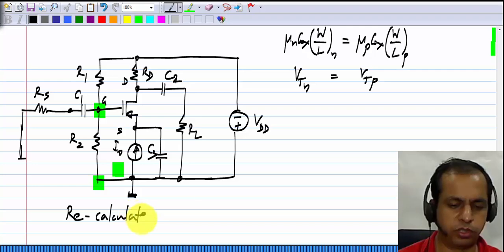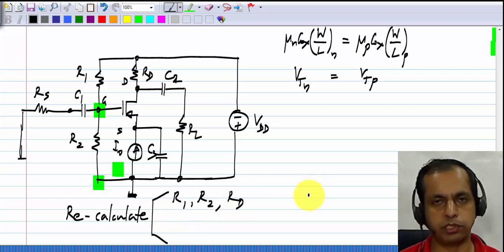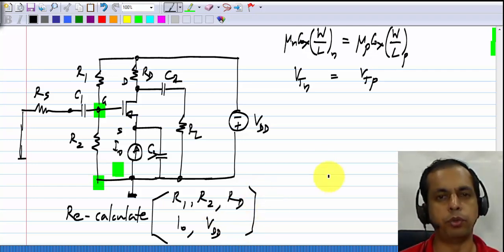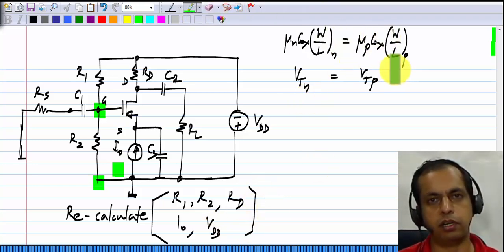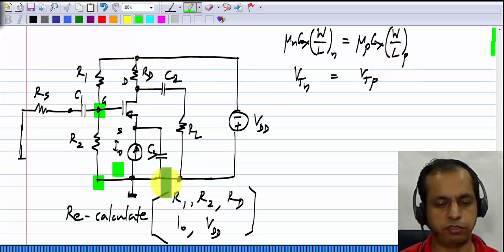Recalculate all the values. It could be all the resistors R1, R2, RD and so on, which establish the operating point, or it's also I0 and maybe even VDD. These have to be recomputed if the parameters are different, but the topology, the circuit diagram itself, is perfectly the same.